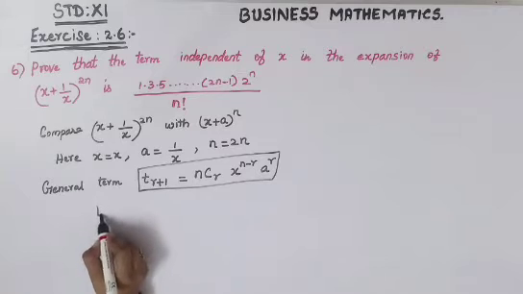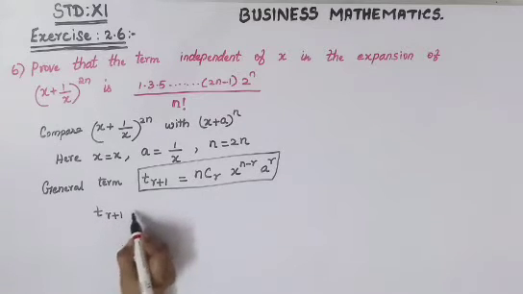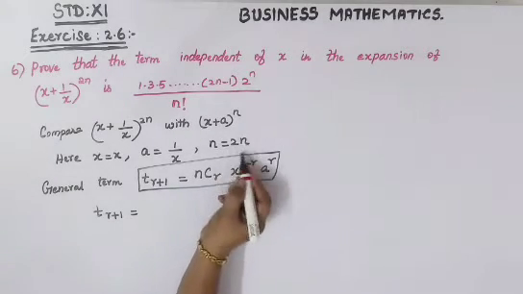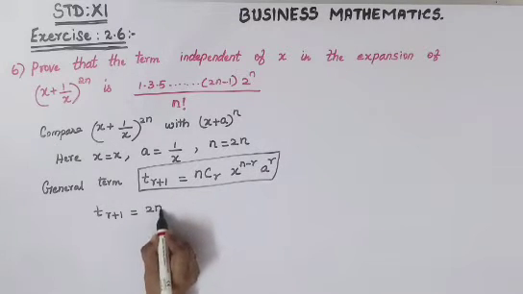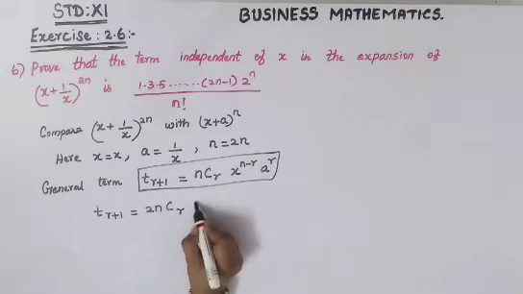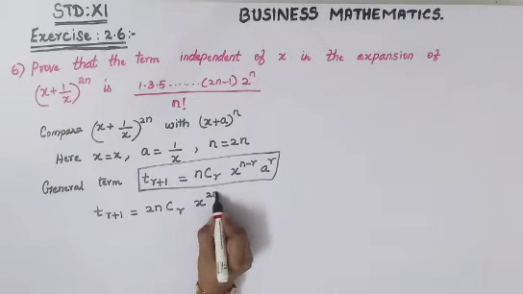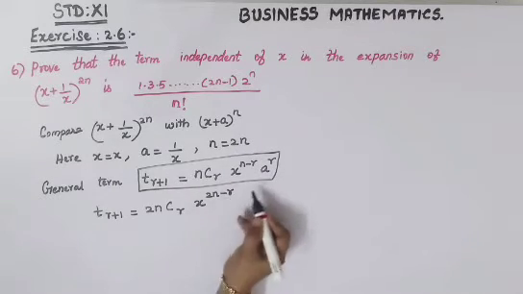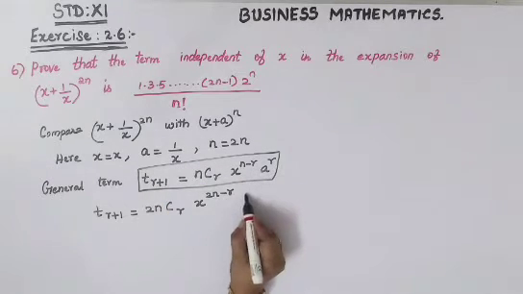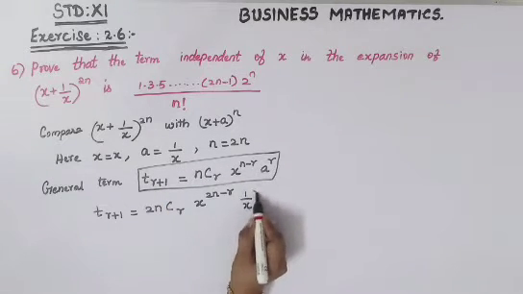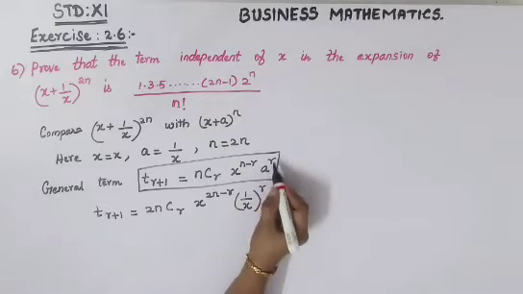So T(r+1) is equal to, in the place of n we have got 2n, so 2nCr x power, again in the place of n it is 2n, so 2n minus r, a is nothing but 1 by x, so (1/x) to the power r, this r as it is.